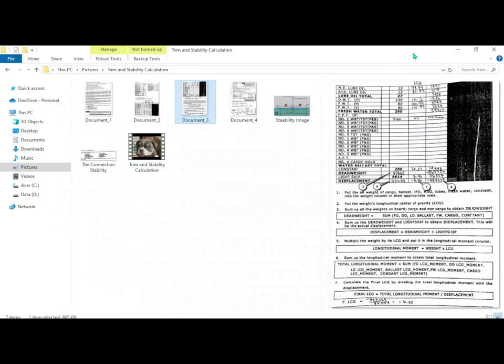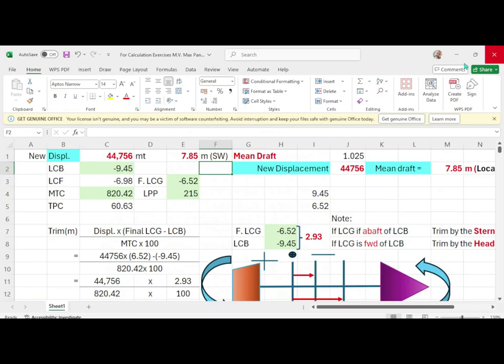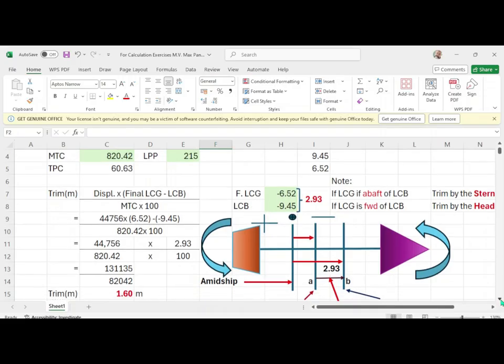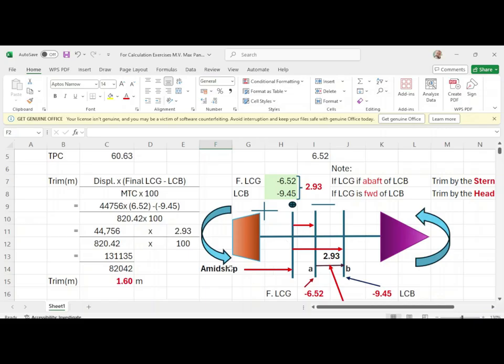And in our exercise, our final LCG is negative 6.52. This is your amidship.